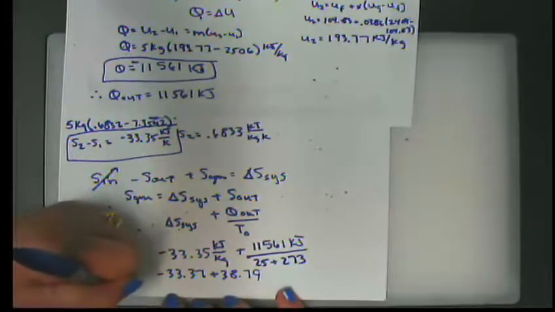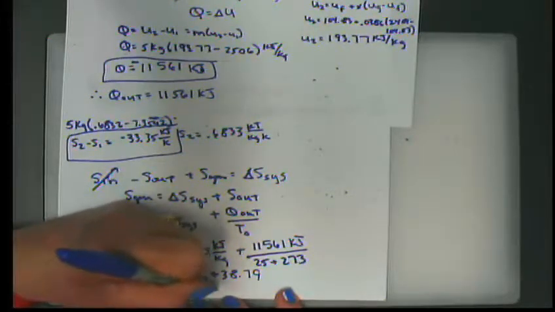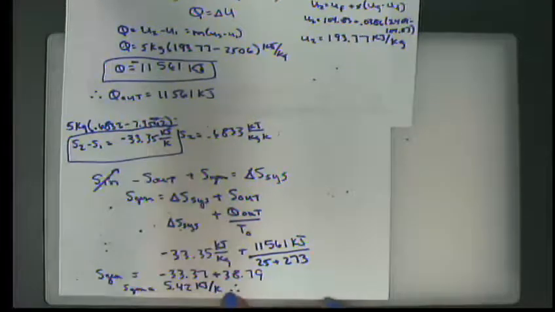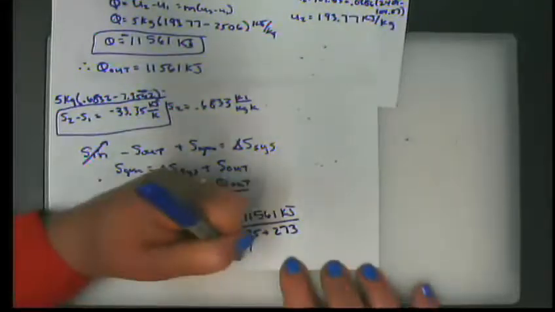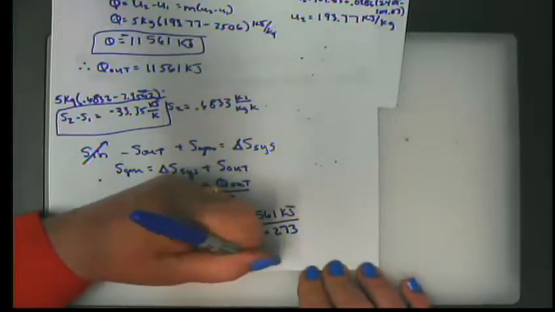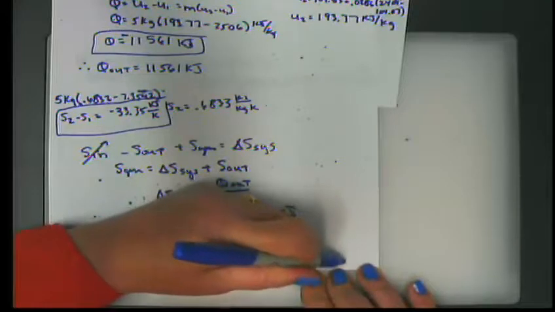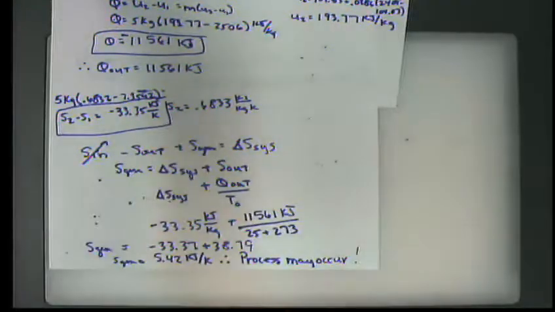So my S generated in this process is 5.42 kilojoules per degree Kelvin. Therefore, the process will occur. I guess may occur would be a better way to put it. In other words, it is not violated by the second law of thermodynamics, or rather, it doesn't violate the second law of thermodynamics.